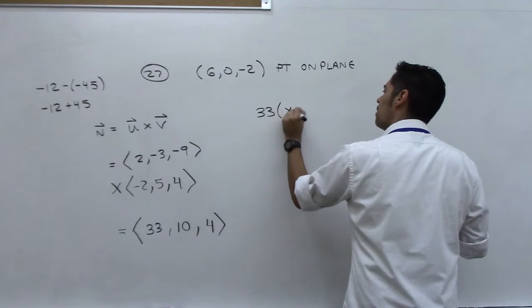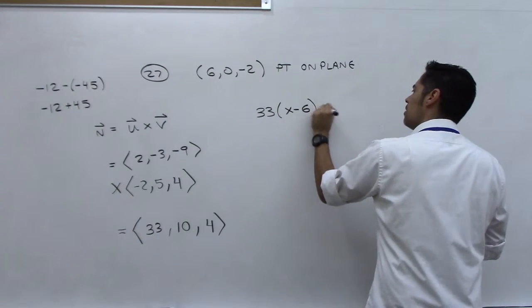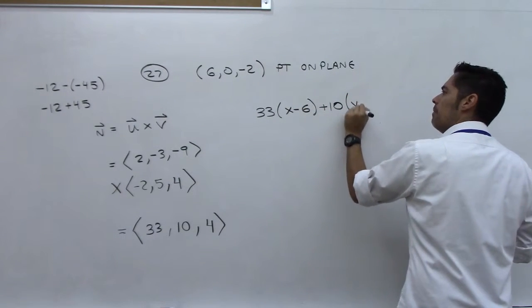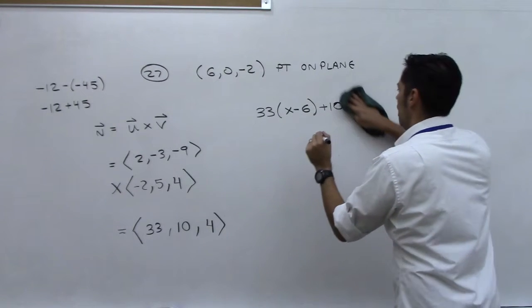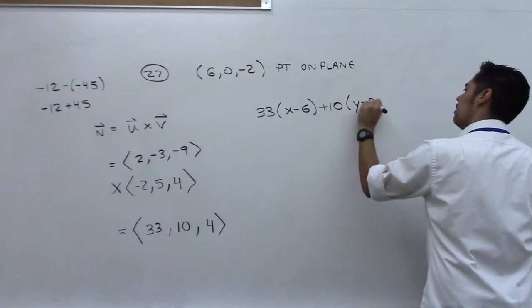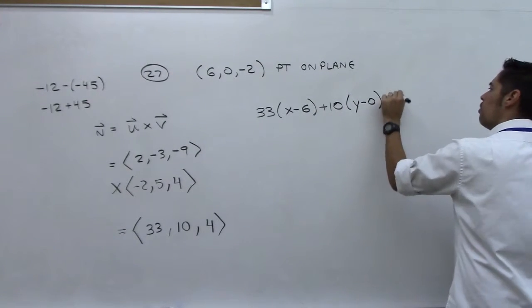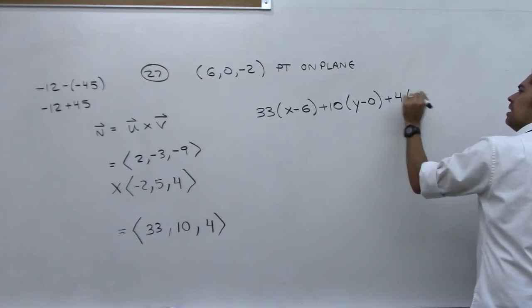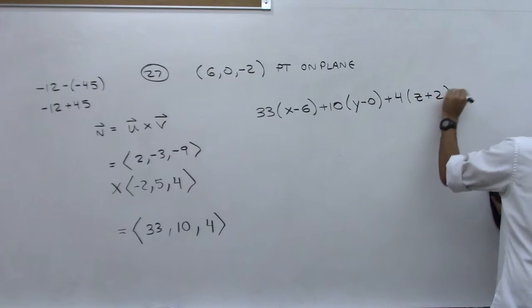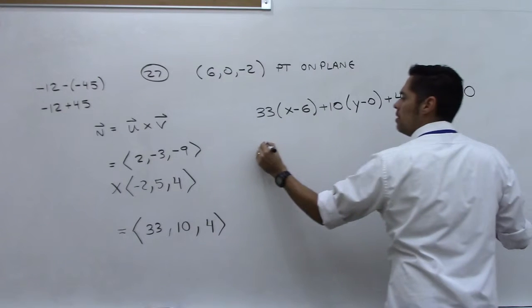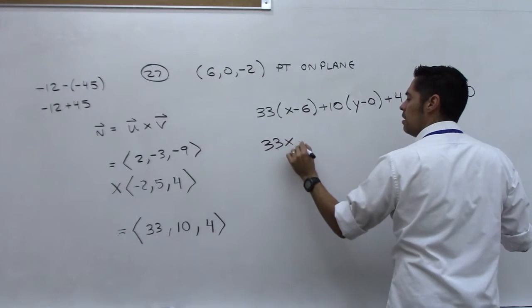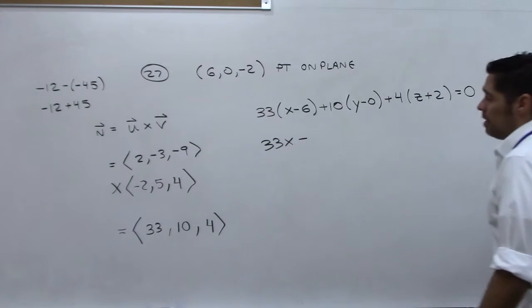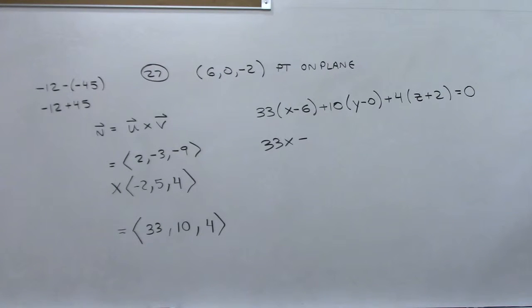33 times (x minus 6) plus 10 times (y minus 0). So that's just 10y. I'll write y minus 0. And then plus 4 times (z minus negative 2), which is plus 2, equals 0. So 33x minus, what's that, 90 plus 18 is 108.